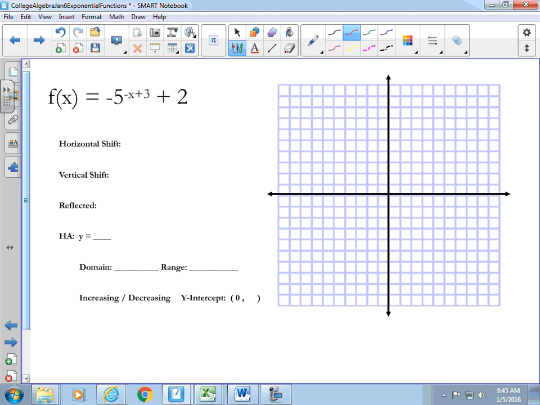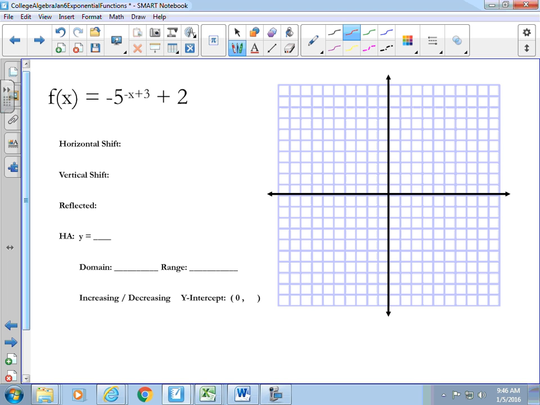I would probably lean toward graphing first and then answering the questions. I do want you to check it in your calculator, but don't just draw a calculator sketch. I need those 3 accurate points. Do you know what I'm talking about? I love checking in your calculator, but don't just draw it from your calculator. We want to be more accurate than that.